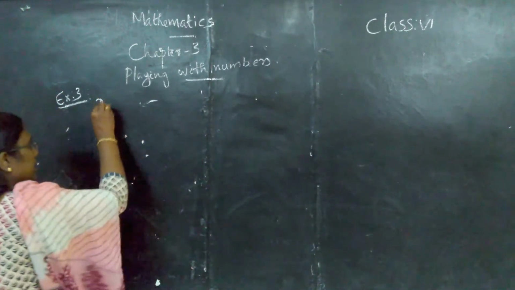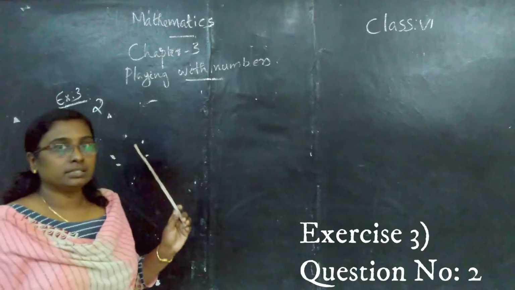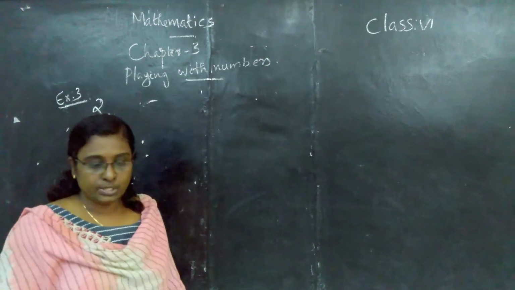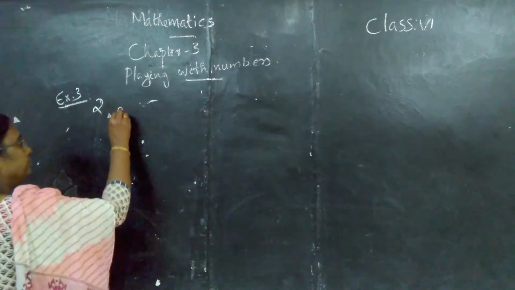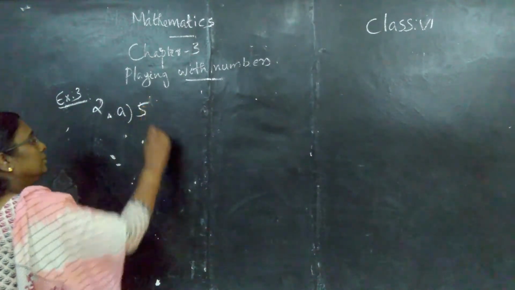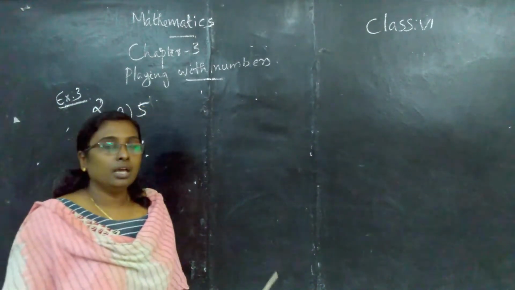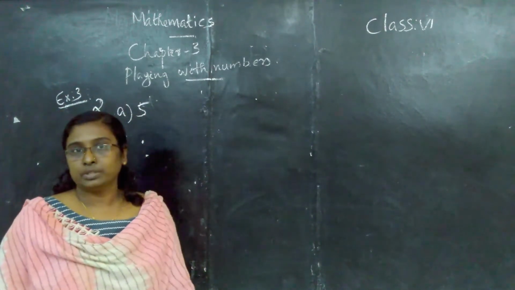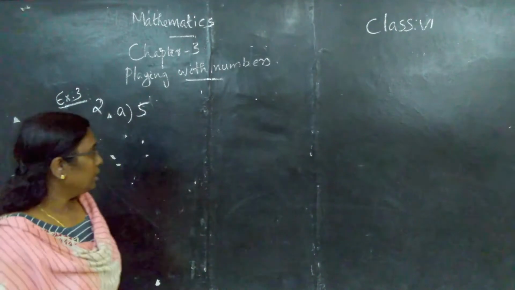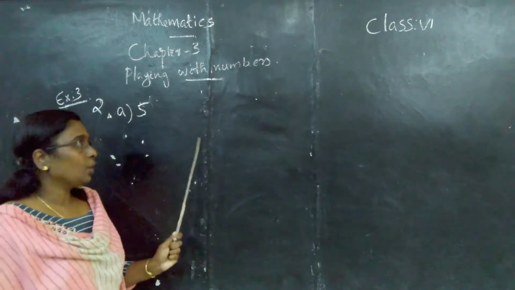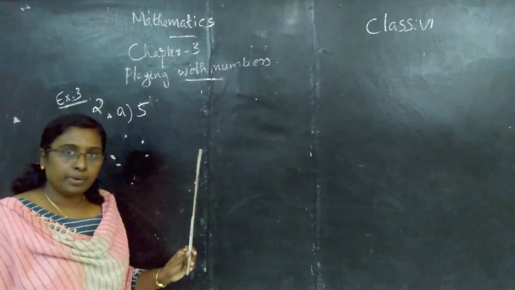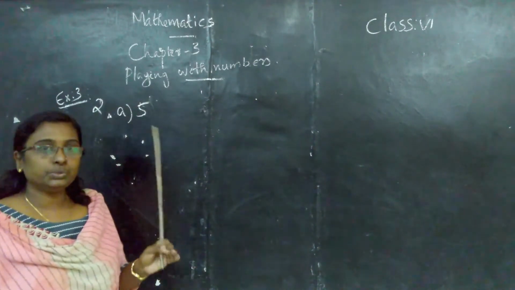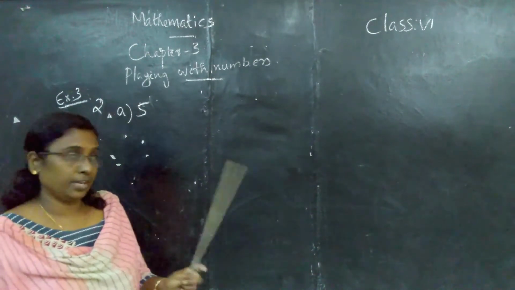Next question. The second question of exercise 3 is, find the first 5 multiples of 5. First 5 multiples are obtained by multiplying the given number with 1, 2, 3, 4 and 5.